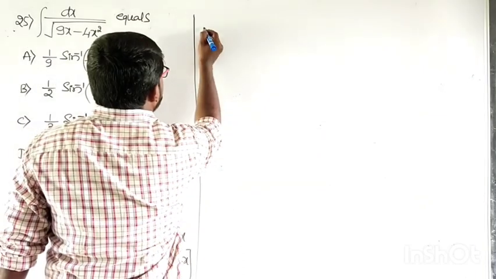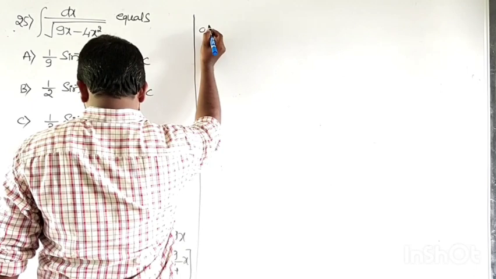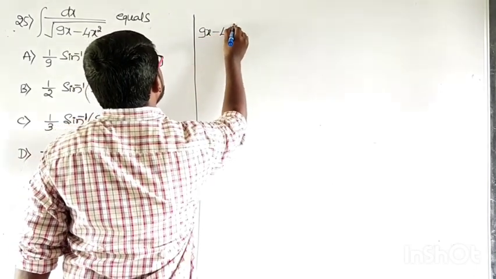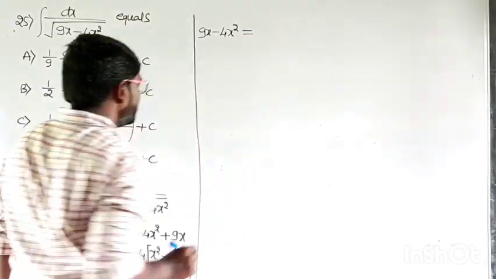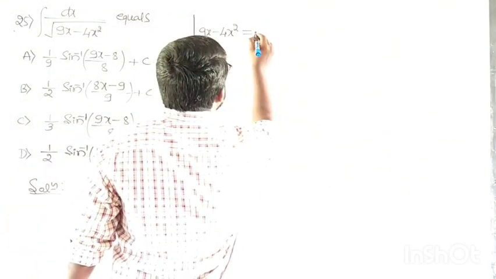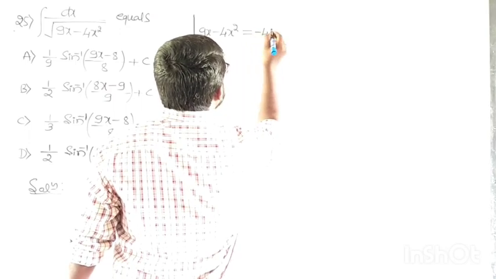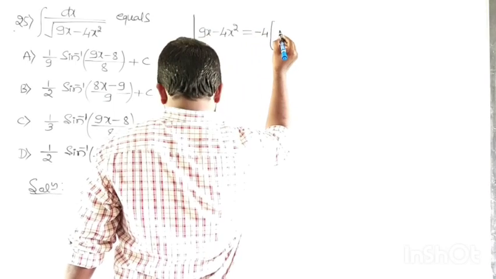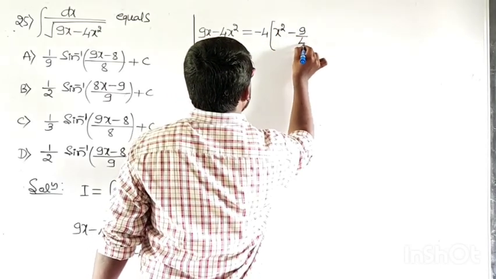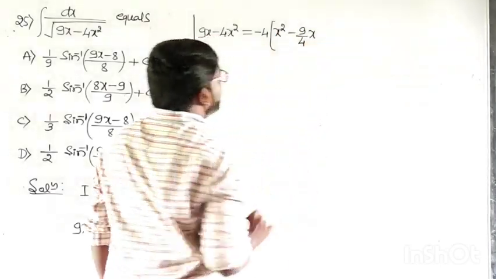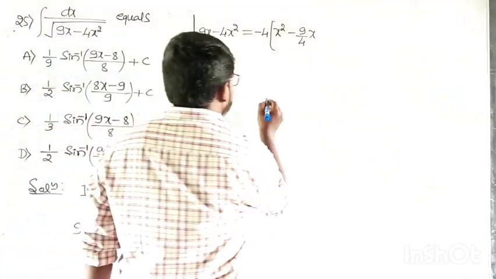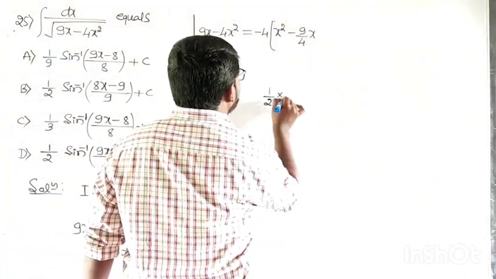So 9x minus 4x square is equal to minus 4 times (x square minus 9 by 4 x). Now we have to add and subtract 1 by 2 into b the whole square. What is the value of b?